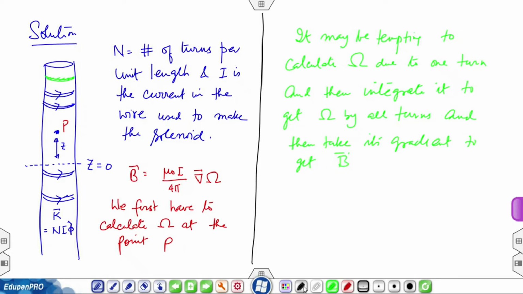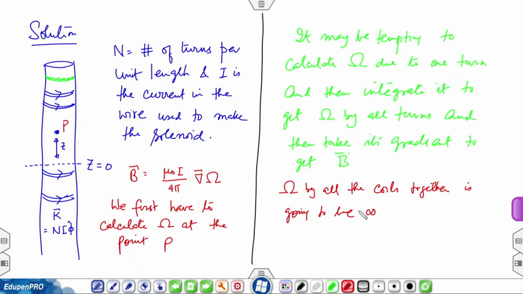Why will it be wrong? You see, omega by all the coils together is going to be infinity, right? Everything is making something.